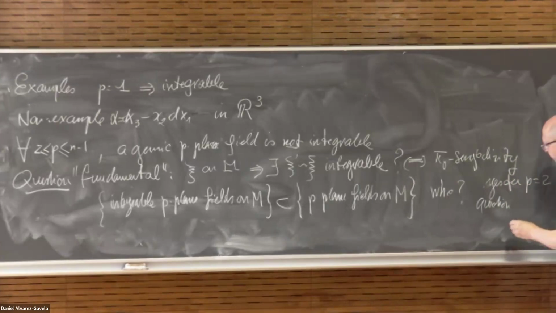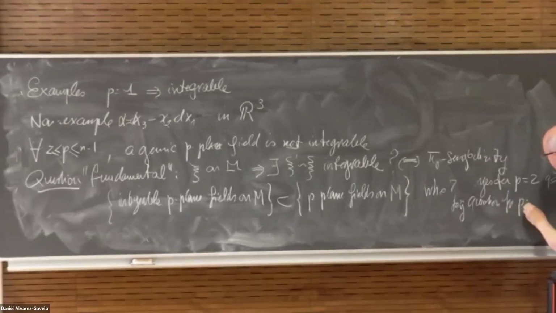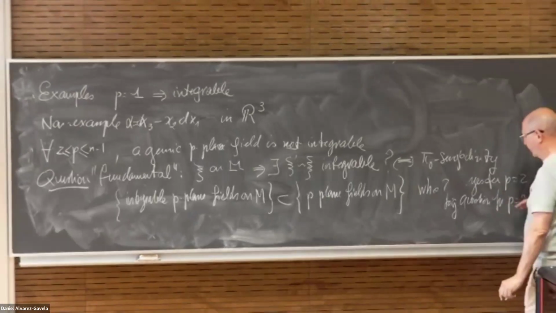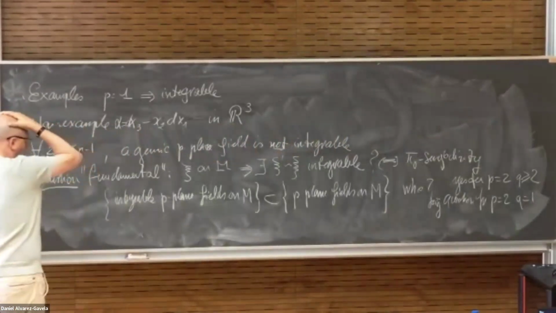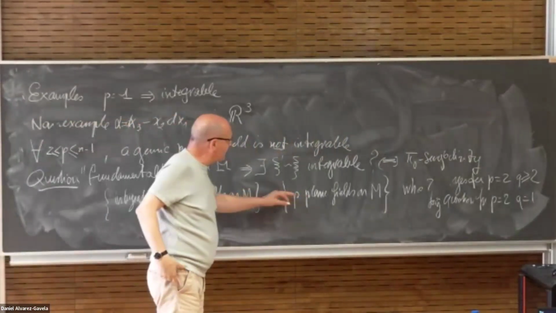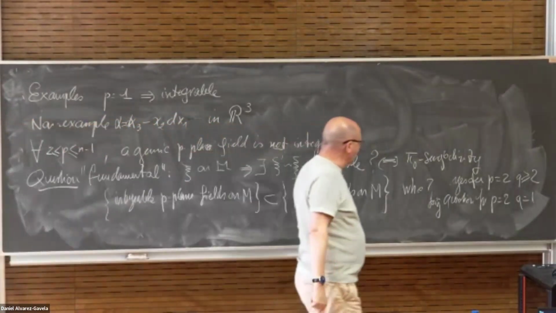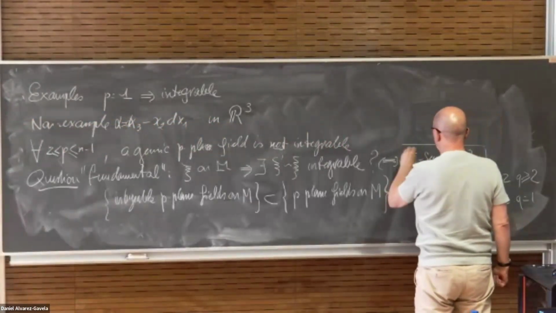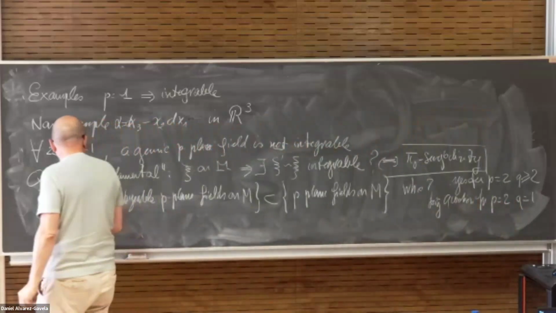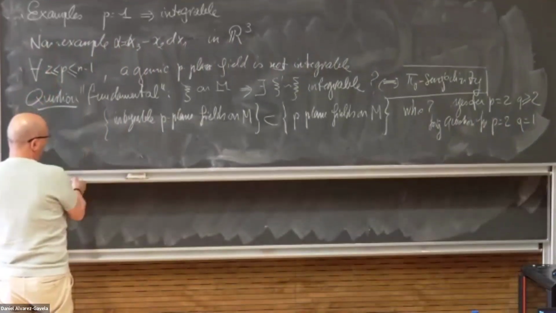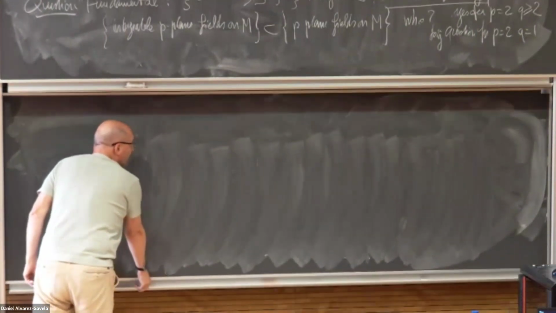And it's a big question for p equals 2 and q equals 1, for two-plane fields on three-manifolds. Well, I won't really discuss this question, except maybe at the end, depending on time. I will concentrate on this so-called fundamental question, which is already a serious one.